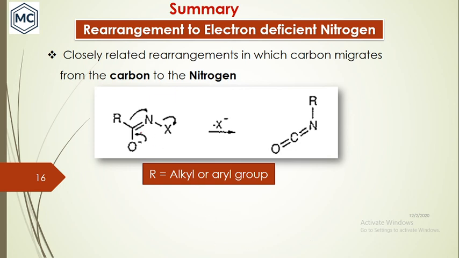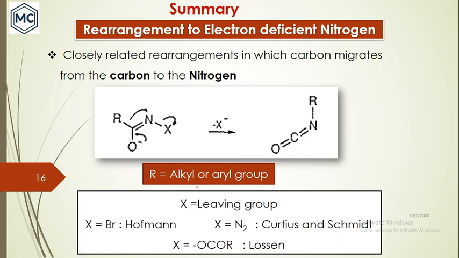This we already saw. This is the skeletal movement that takes place in all these four molecular rearrangements. O minus retains its pi bond, and the R group migrates to the electron deficient nitrogen, and it forms an isocyanate, and the only difference is the X, that is the leaving group.